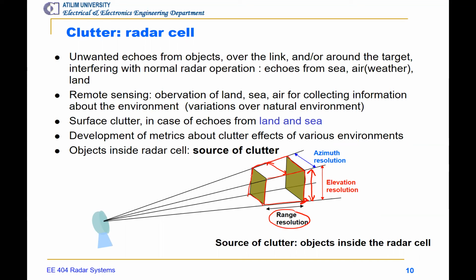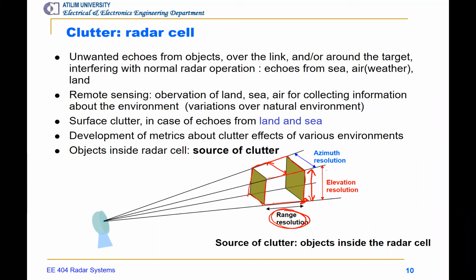Okay? And it's highly dependent on the range and the beam width of the antenna in azimuth and elevation. So higher the range, higher the resolution. So the number as a number is higher in range when we go away from the radar.